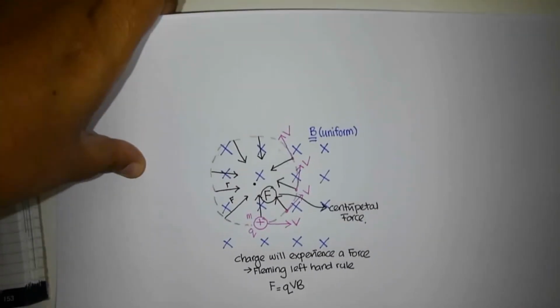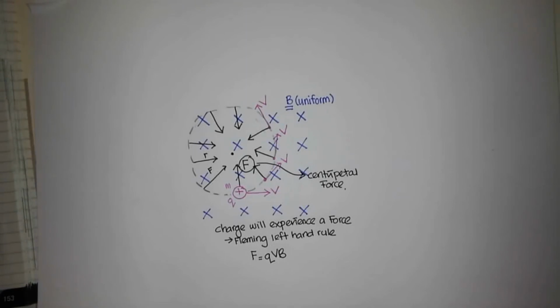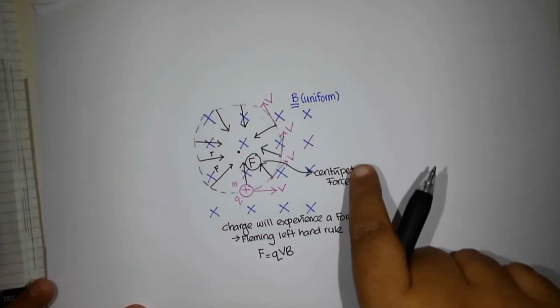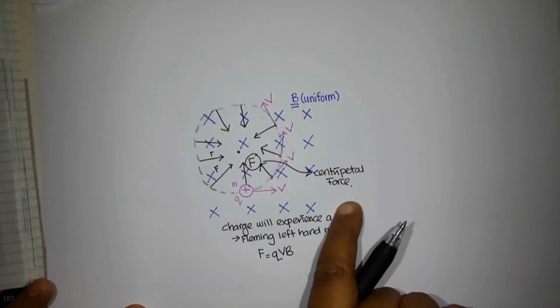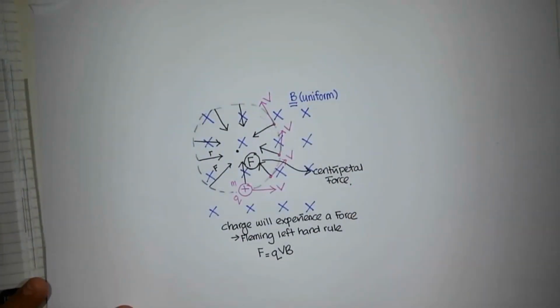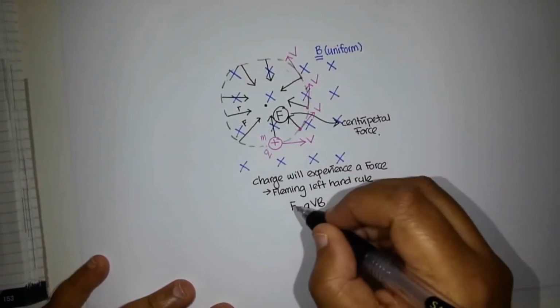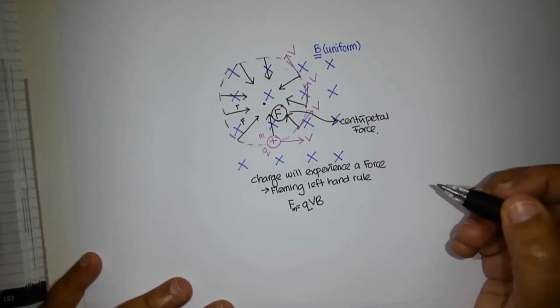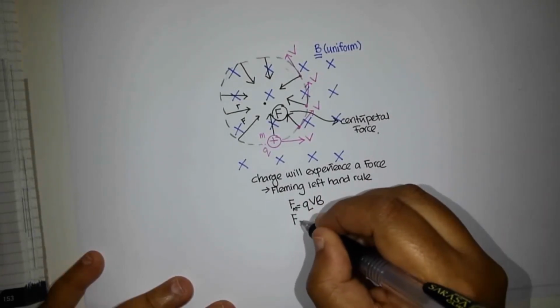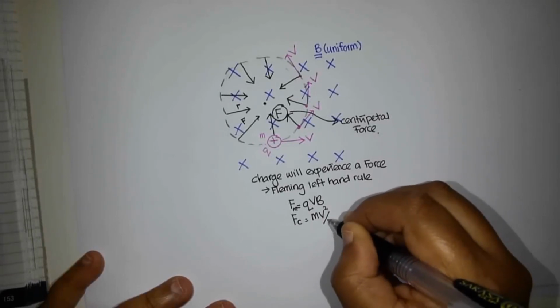If you remember the concept of circular motion, centripetal force is force that is directed towards the center. So in this case the magnetic force is the centripetal force. Therefore I'm going to call this Fm, to tell you it's a magnetic force. And centripetal force Fc is equal to mv square over r.